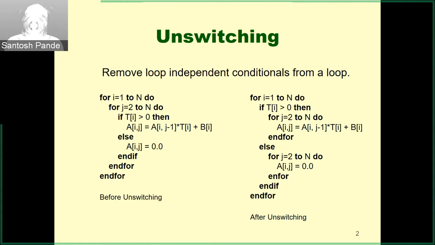However, we have now split up the statements into two different loop nests, which is for J, and in the I loop we have two nested J loops now.